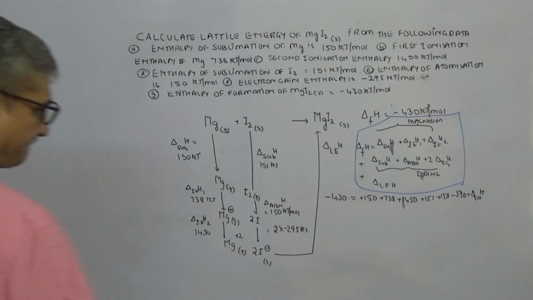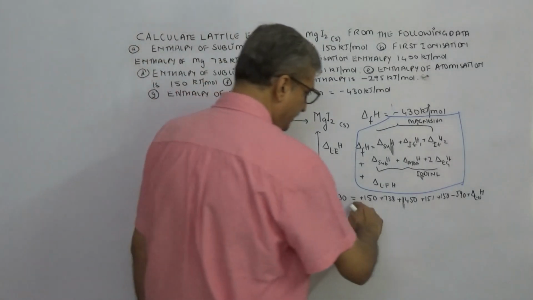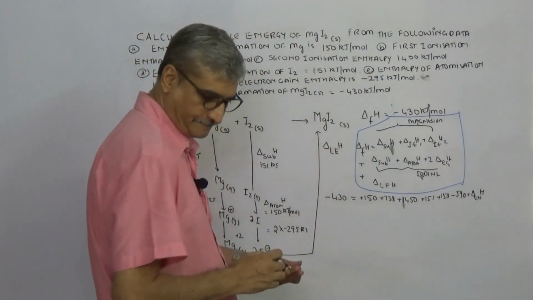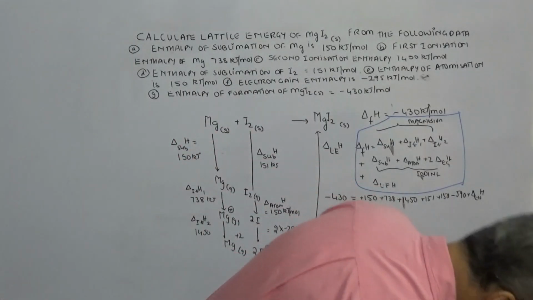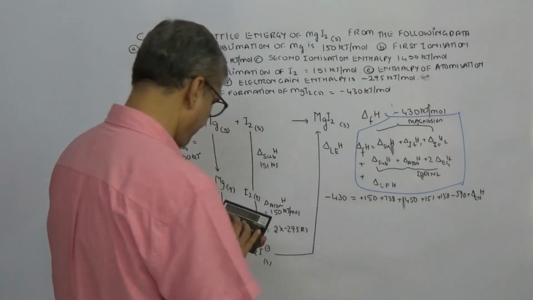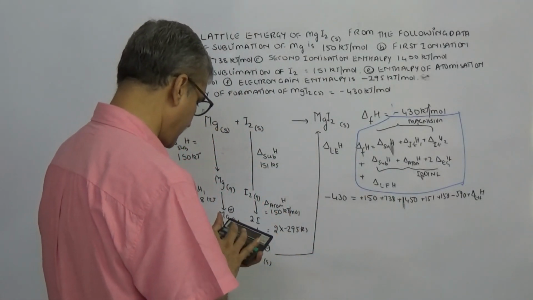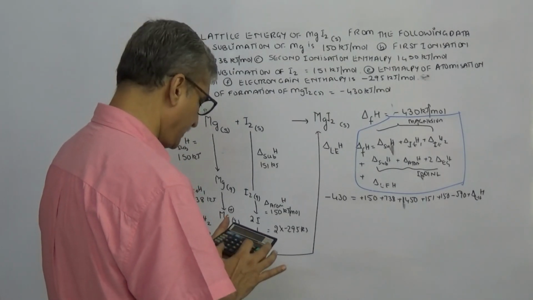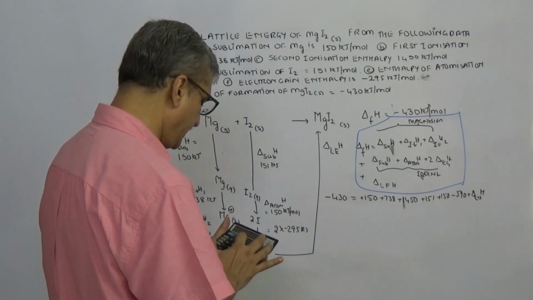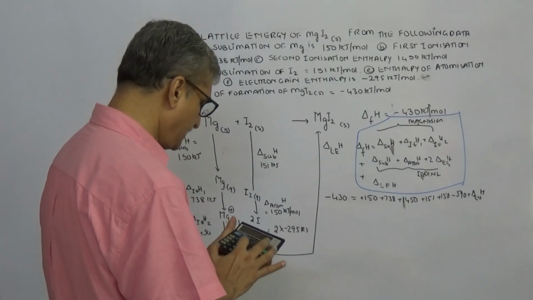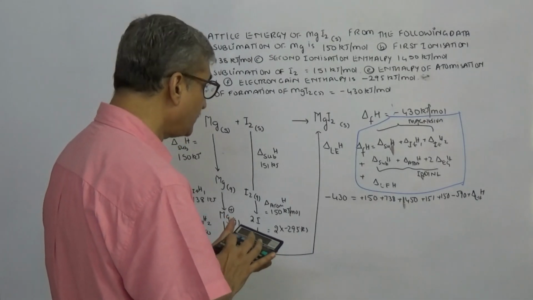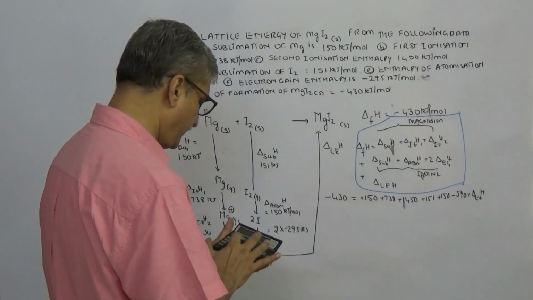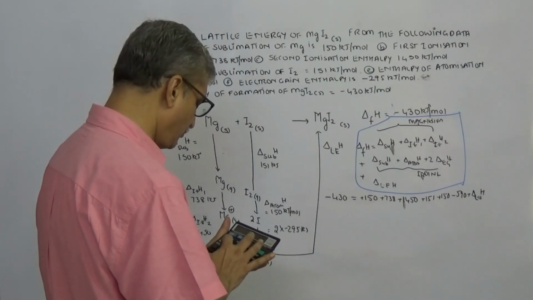Yes, you can see it. So let me calculate this first and take it on this side. So what do we get? We have 150 plus 738 plus 1450 plus 151 plus 150.